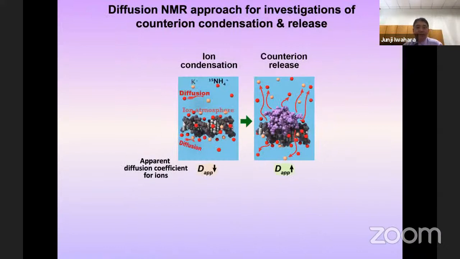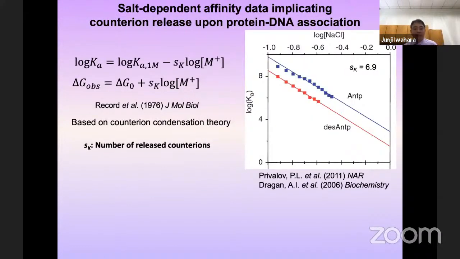Now I'm going to talk about counter-ion release. Before I show my data, I should briefly mention what people did previously. In 1976, Thomas Record presented a nice, simple theory to estimate the number of released counter ions using just binding constants measured at different salt concentrations.